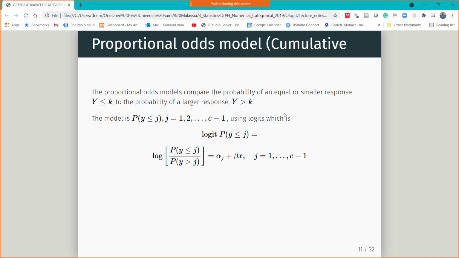So they are all the same. The concept is that you are comparing the higher or the bigger groups against the smaller or the lower groups. It's just that either you use this formula or that formula, right? So check the book again and also check the software that you are using.